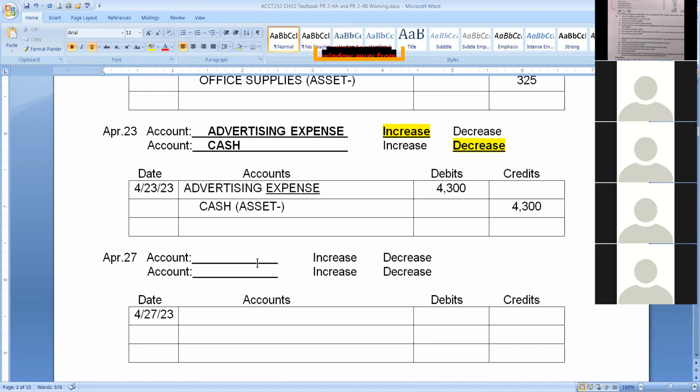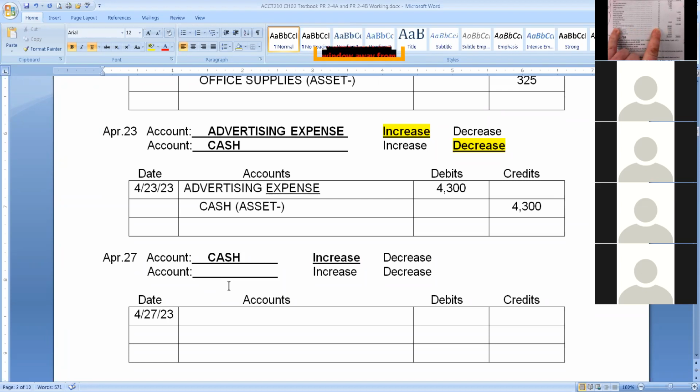Okay, so here they sent us back cash. So our cash is going to increase. They return the cash. Looking at our paper here, the salary and commission expense is too high.